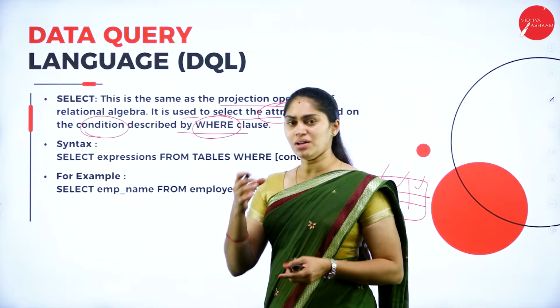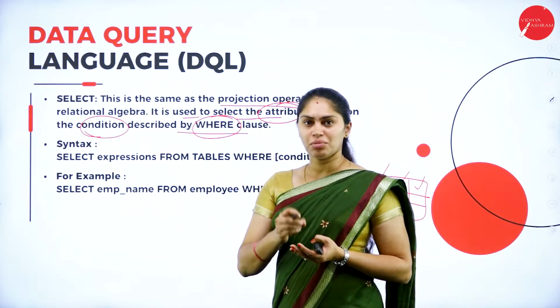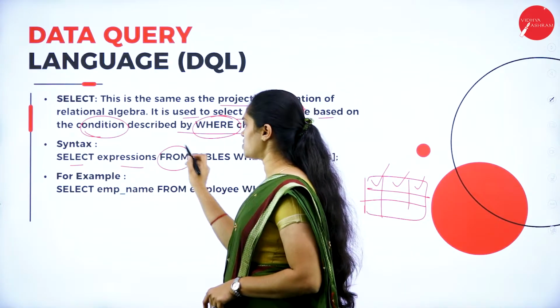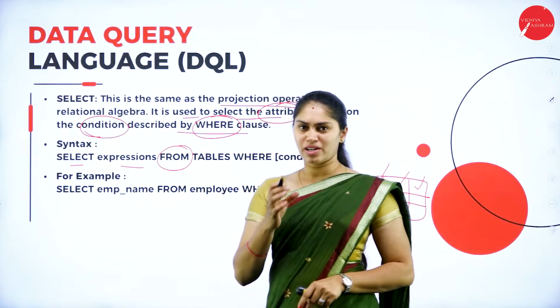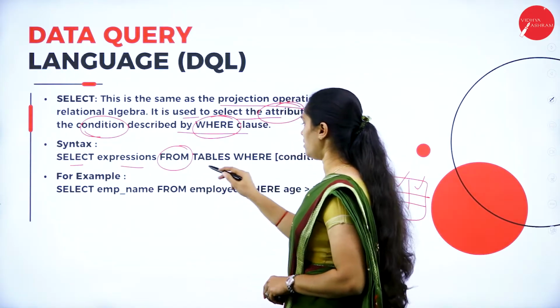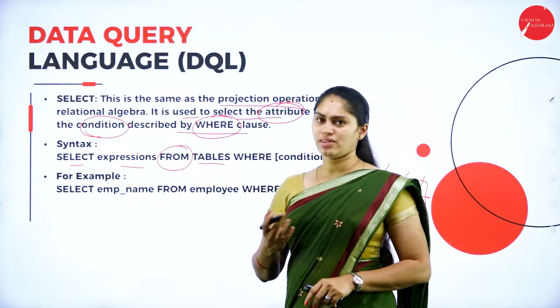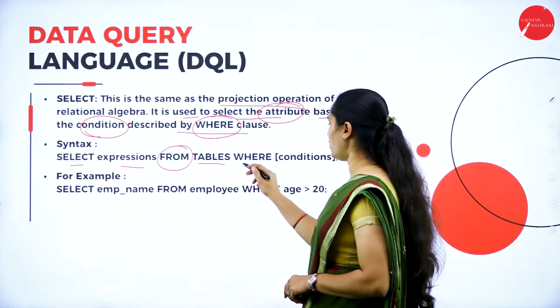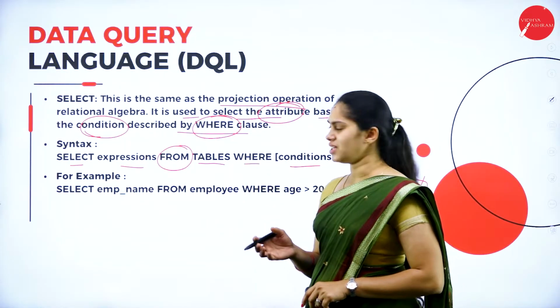Based on that condition, a particular column or attribute will be fetched. So select expression from table. You can include more than one table by separating the table names with commas. Where condition, you can specify the condition.